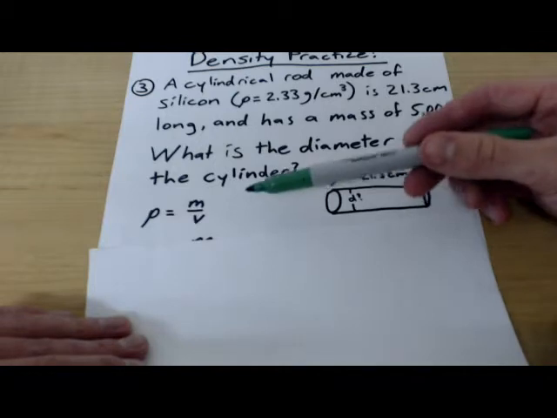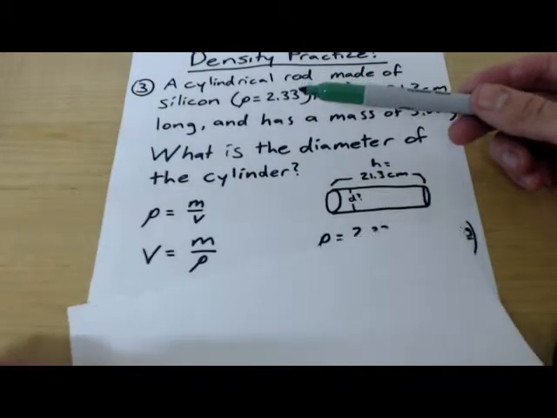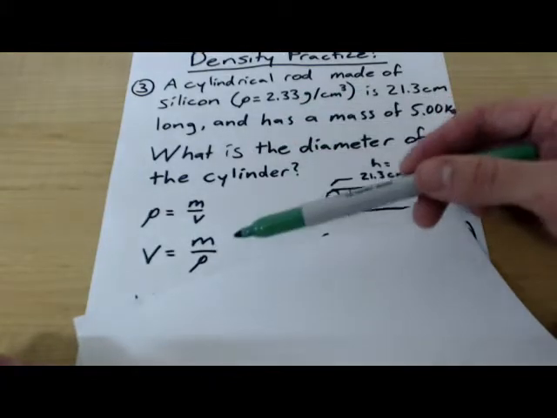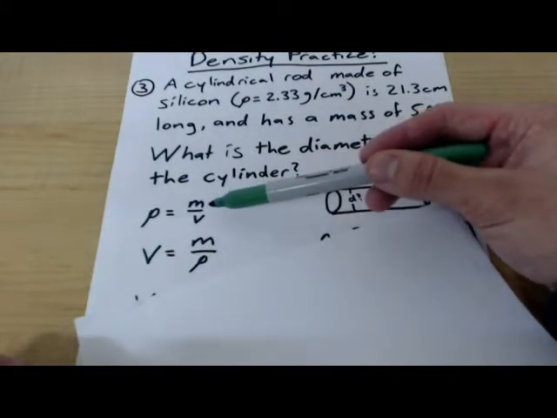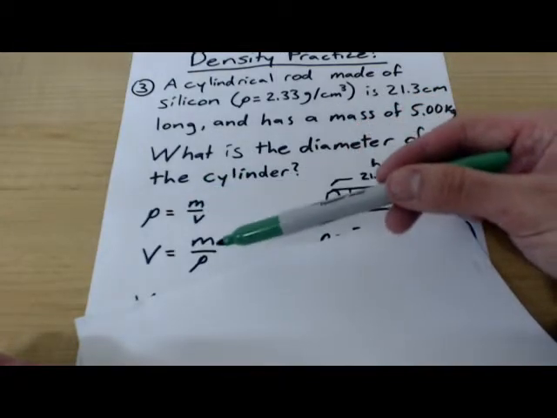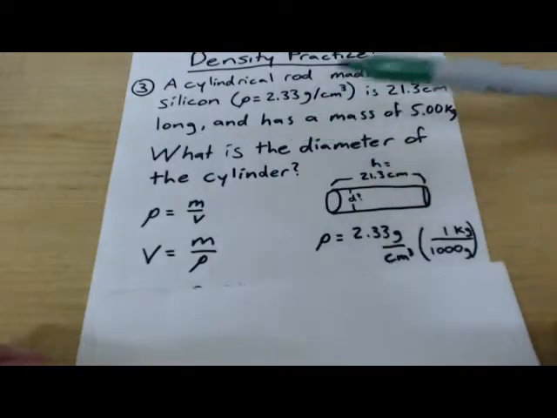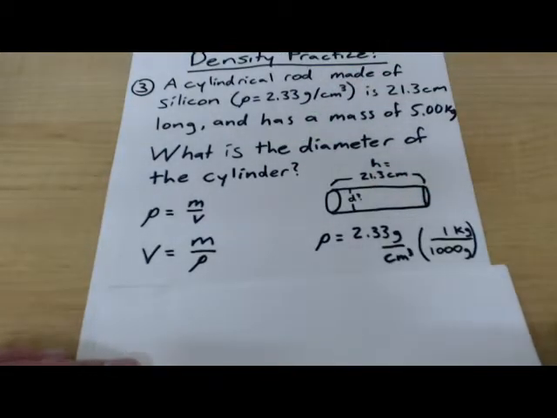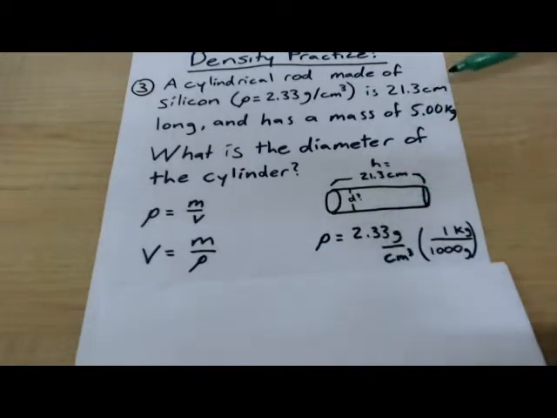Now density is mass over volume, and so we can rearrange this formula in terms of volume by multiplying both sides by volume and then dividing both sides by density to get volume equals mass divided by density. But first, we have to convert our density to the same units as our mass.